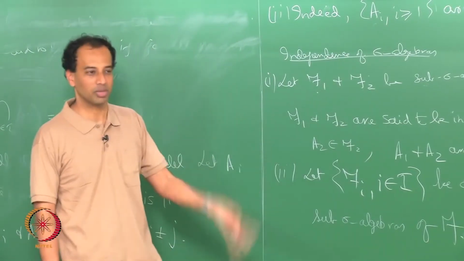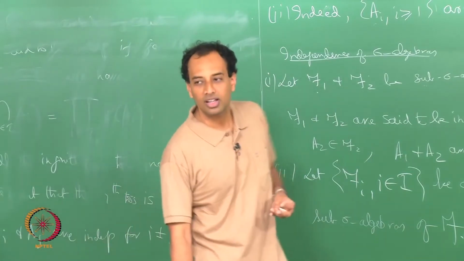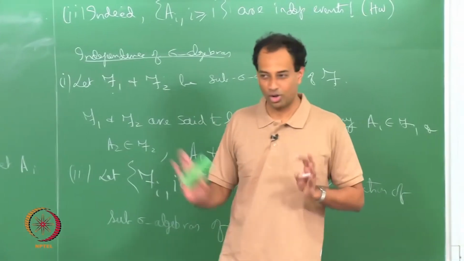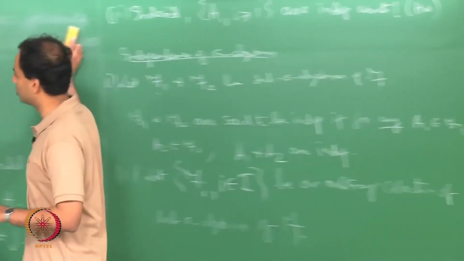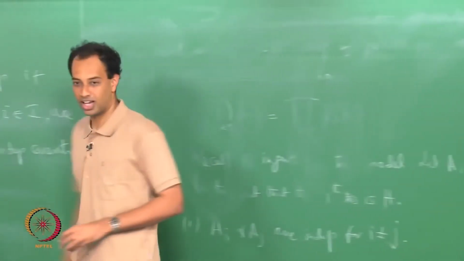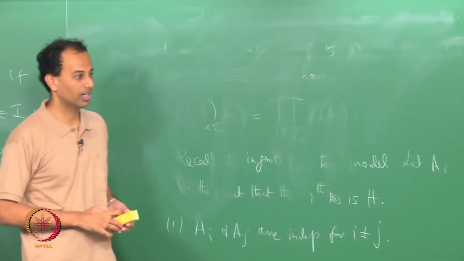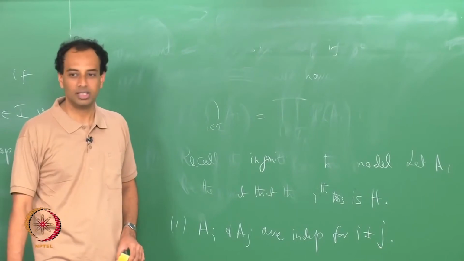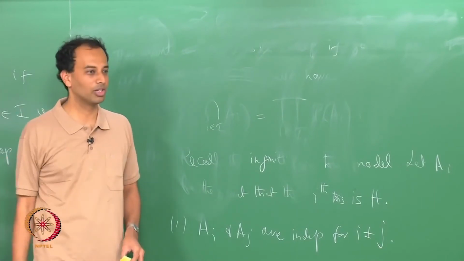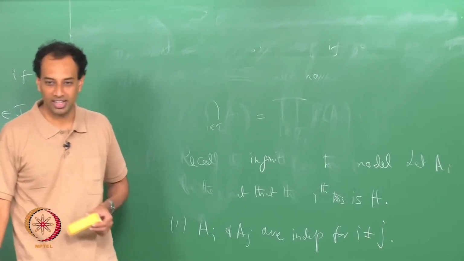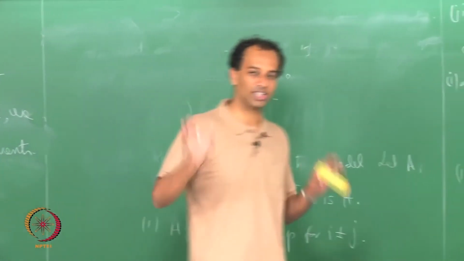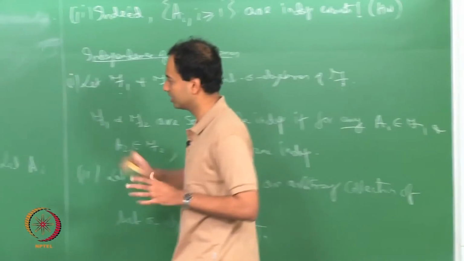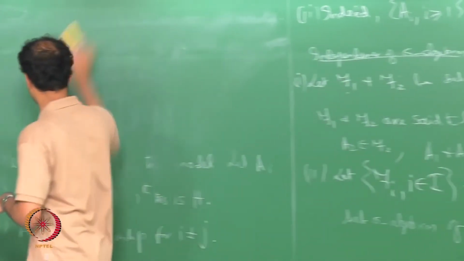You assume that you can pick one element from any arbitrary collection, arbitrary set, right. So, all of this measure theory, probability and all assumes this axiom of choice to hold. Okay. Because you will ask me, right, oh, what if I give you some uncountable collection of sigma algebras, how do I pick one from each of them? You will never exhaust it, right. So, there is no notion of time or picking or any such thing, just assume that you can do it, right. This is a consequence of this axiom of choice.